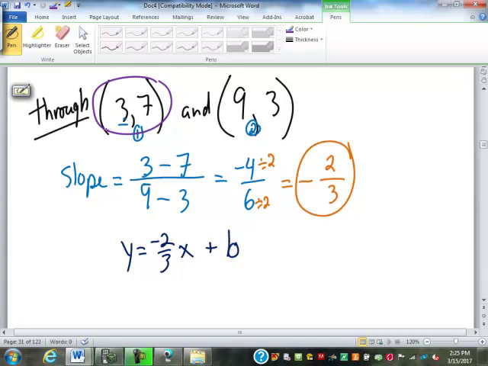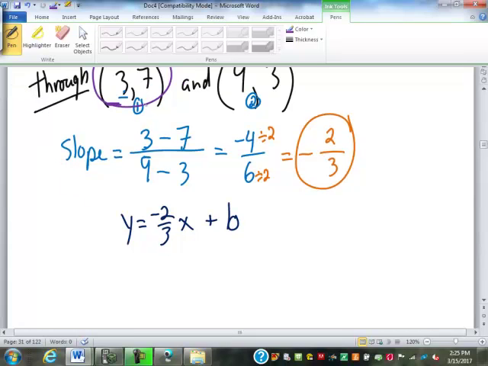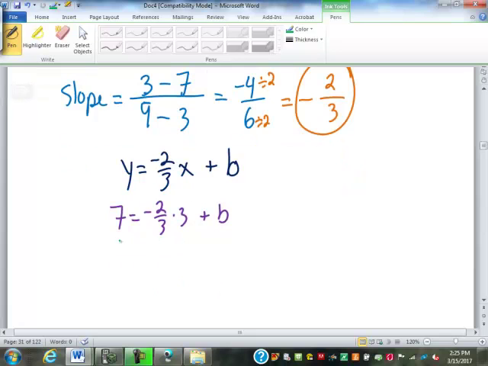So for the first time through here, I'm going to use the point 1, the 3, 7. So y is going to be the 7. And x, of course, is 3. So now we have negative 2/3 times 3. Negative 2.